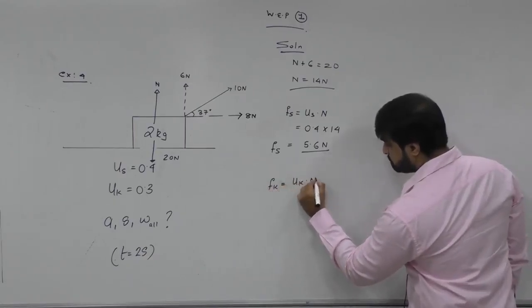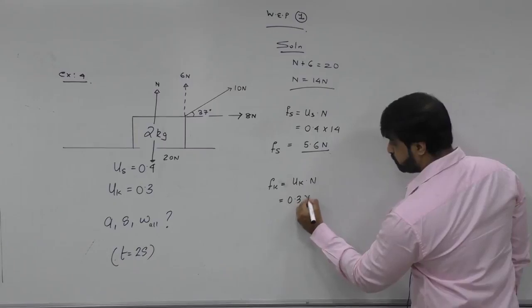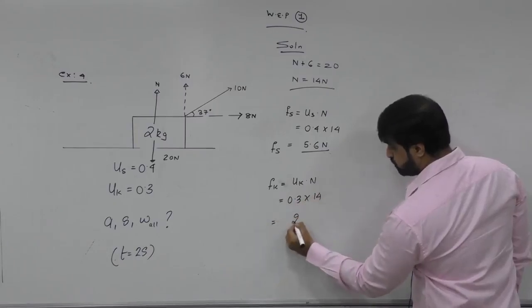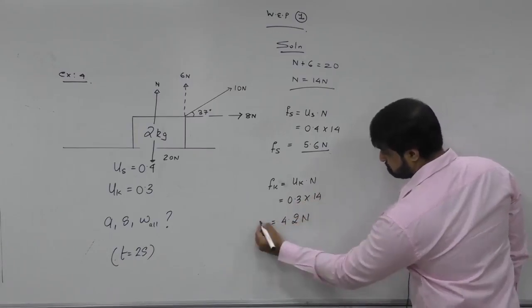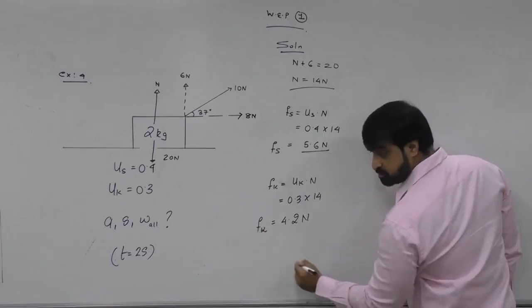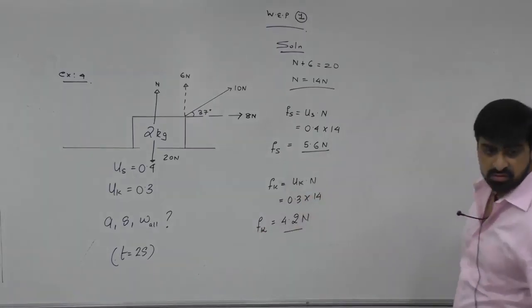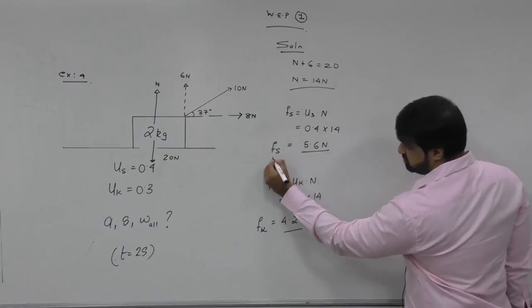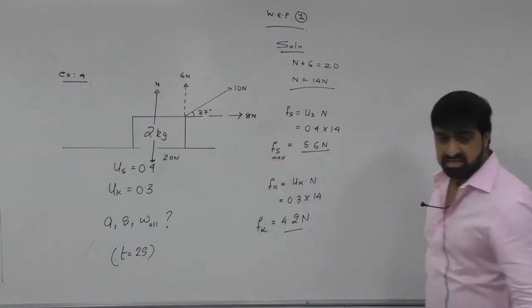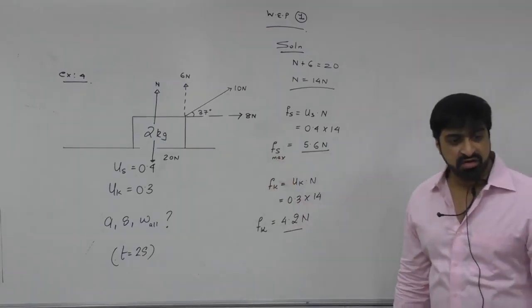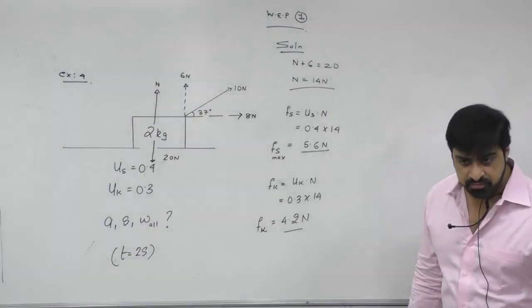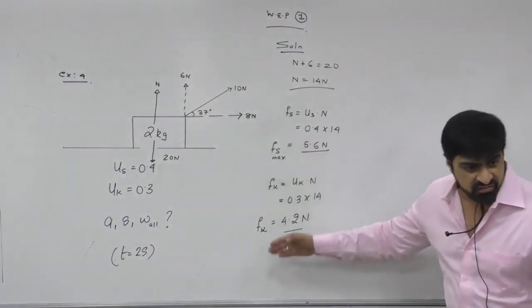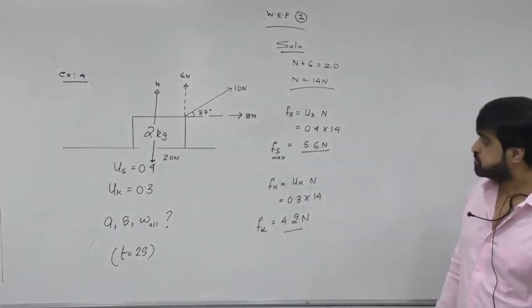Mu k N. Right? You get this? And this is Fs what? Maximum, because to overcome it, it will be the maximum value of static friction. And once it is in relative motion, Fk will come into picture, right or not?